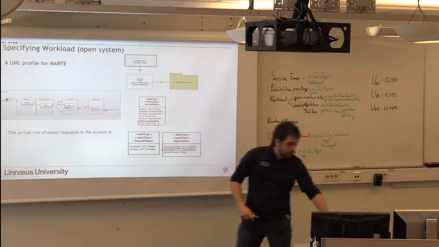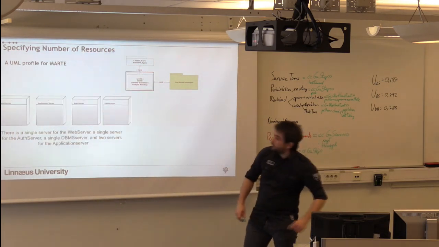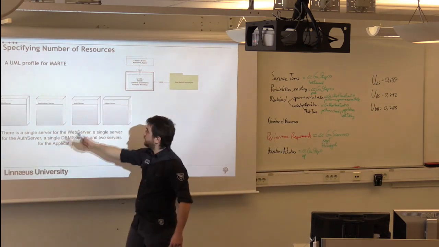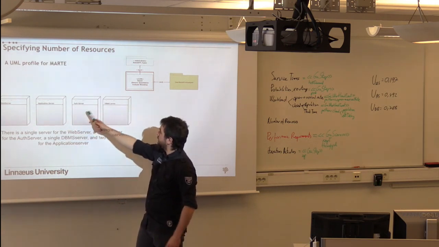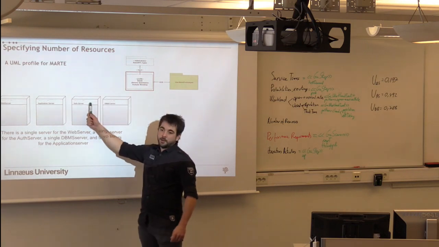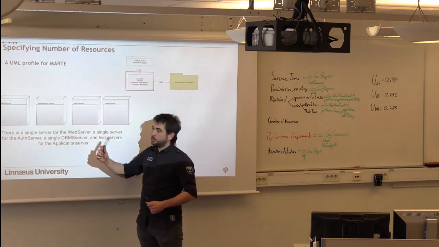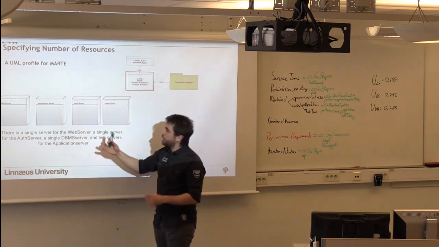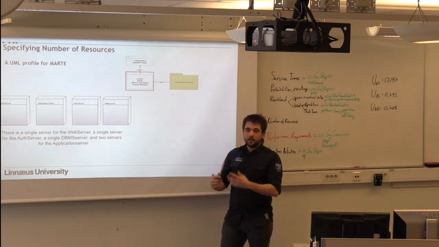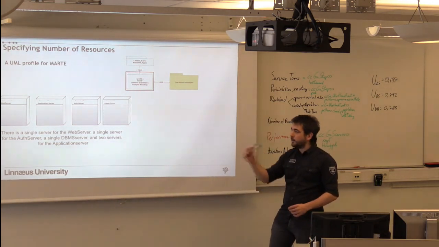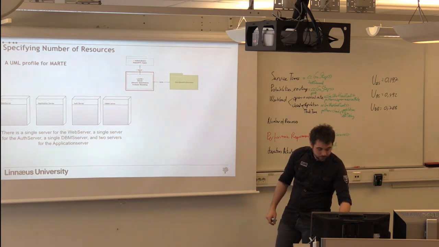So if we create the deployment diagram for each the elements, like the web server, the application server, the signature authentication server, and the database server, we can set it here that this is 2, not in the swim line that this is a resource and the resource has 2. So we use as much of the standard plain UML as we can, and then just in the remaining part we add the profile, the information from the profile.